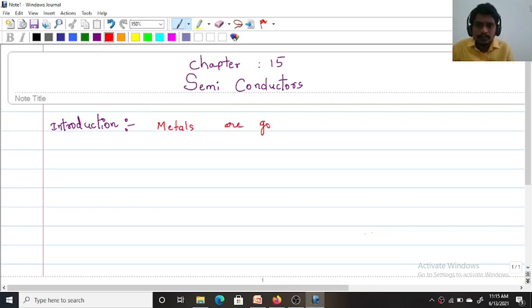In all the household wiring and in most of the electrical circuits, the connecting wires that we use are copper. Copper is a good conductor of electricity.